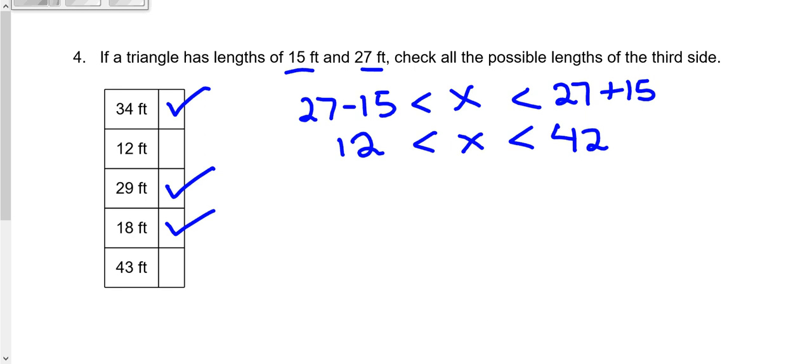And then 43 is bigger than 12, but it is not smaller than 42. It has to be smaller than 42, so that's not an answer. So our three answers are 34, 29, and 18. You'll probably be asked a question like that on any assessment. All right, that's the end of this lesson on how to find the range of the third side of a triangle.